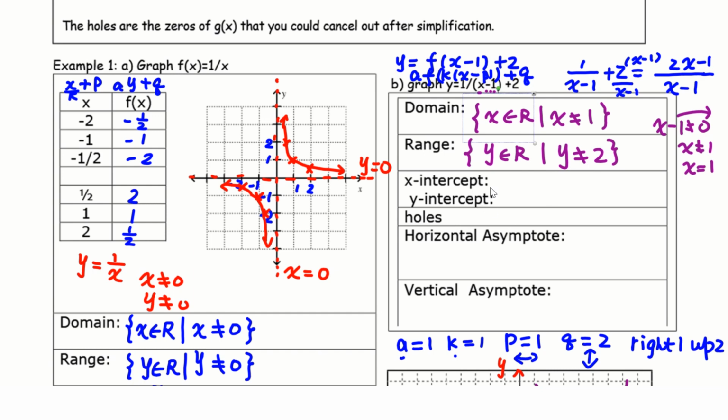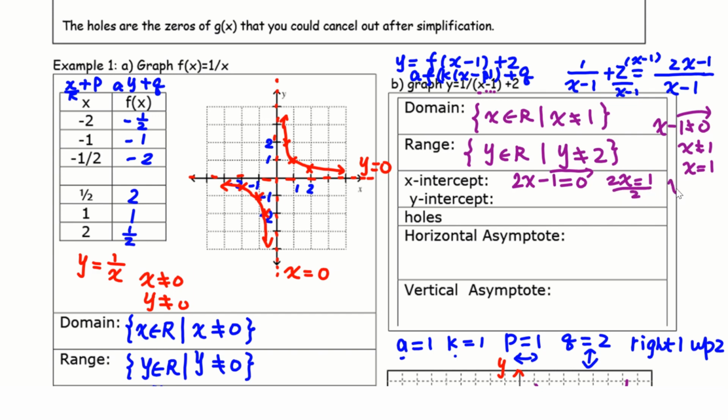And for the x-intercept, solve for this: 2x minus 1 equals 0, the numerator equals 0, that is your x-intercept. So for 2x, move the negative 1 to the other side, it is plus 1, then divide by 2.